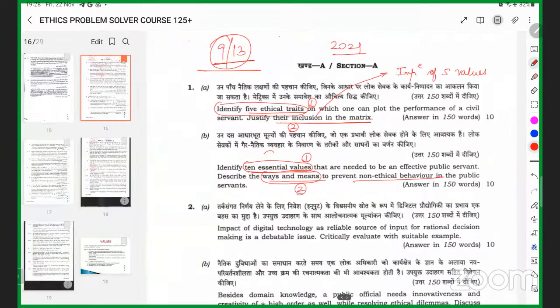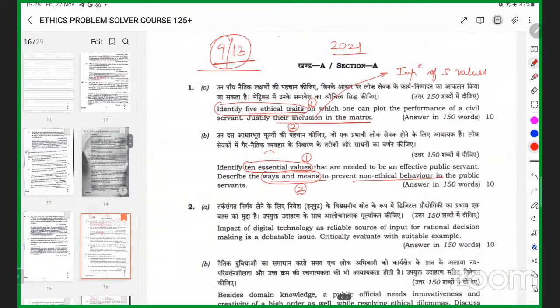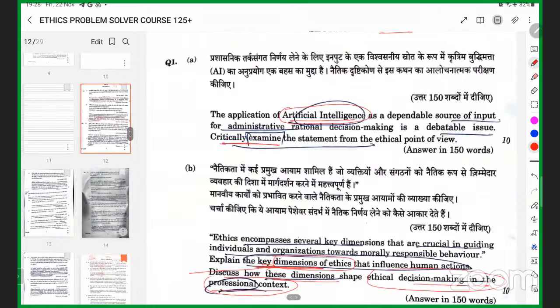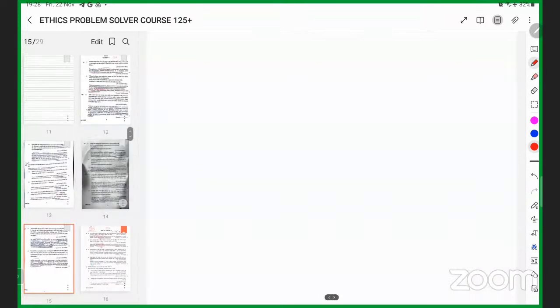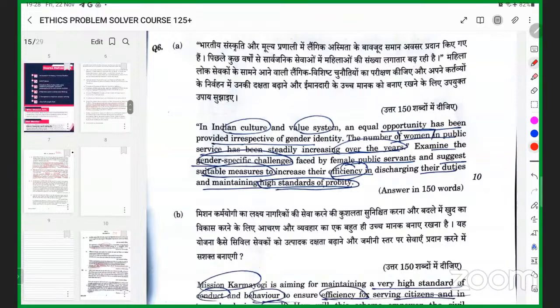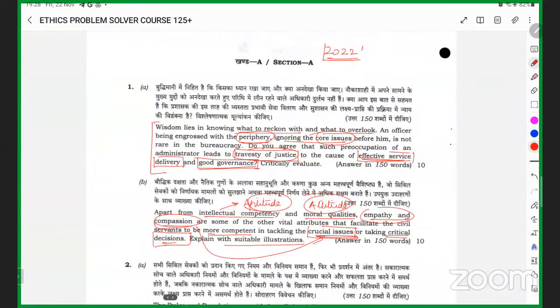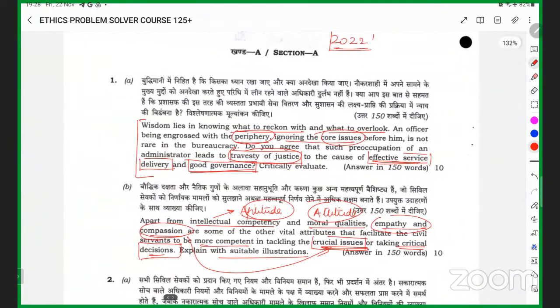Let's take the first question. Right. So now, in this question, like I told you earlier, the question talked about peripheral issues, core issues, perversity of justice in relation to effective service delivery and good governance.